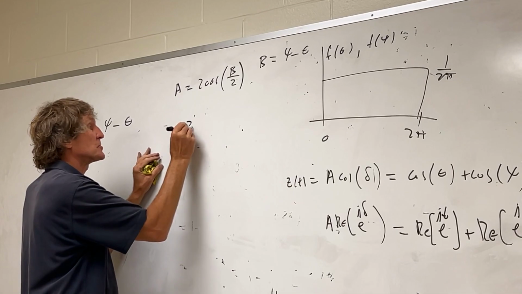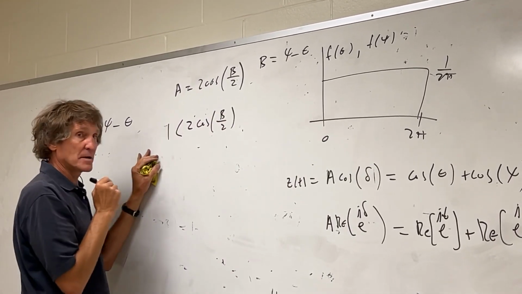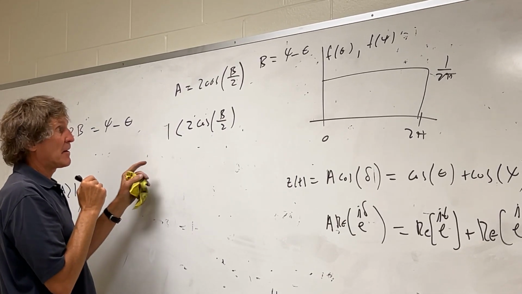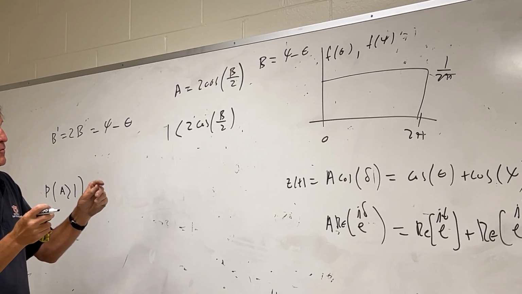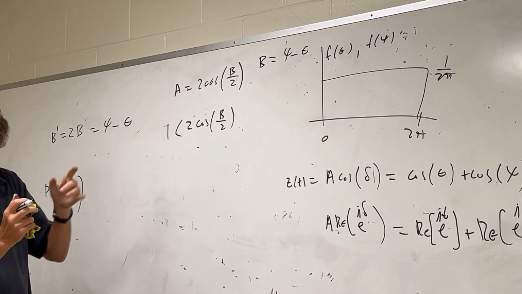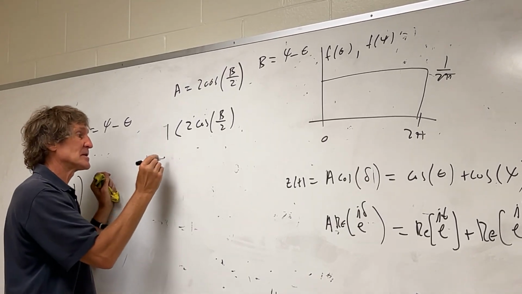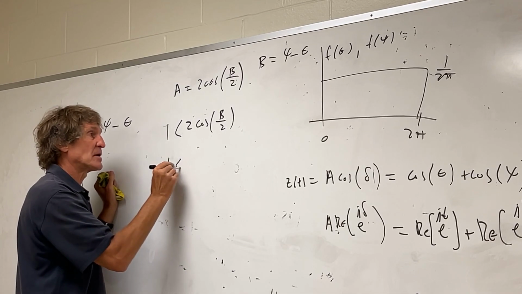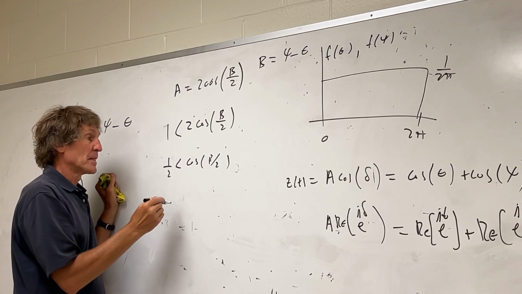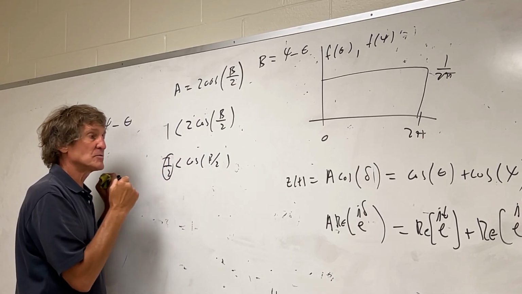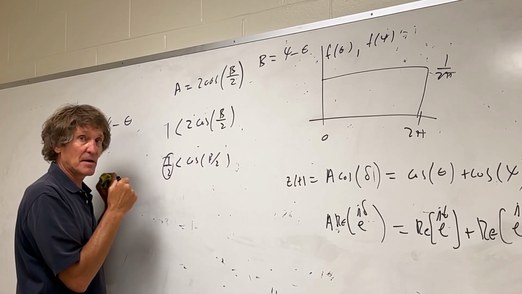That means 2 cosine of beta over 2 has to be greater than 1, right? Now, what does that really mean? Well, we have to take a look at what it amounts to. If we have beta, we need the probability density of beta. But really, what is this doing? We can say 1/2 is going to be greater than cosine of beta over 2, correct? Well, if I just equated, cosine of 1/2 is what? 60 degrees or pi over 3. Do you agree with that?